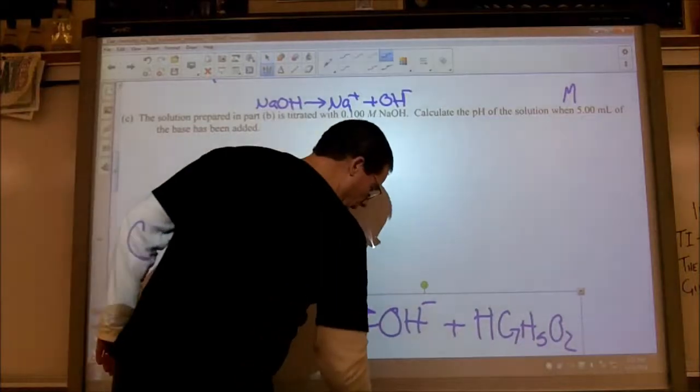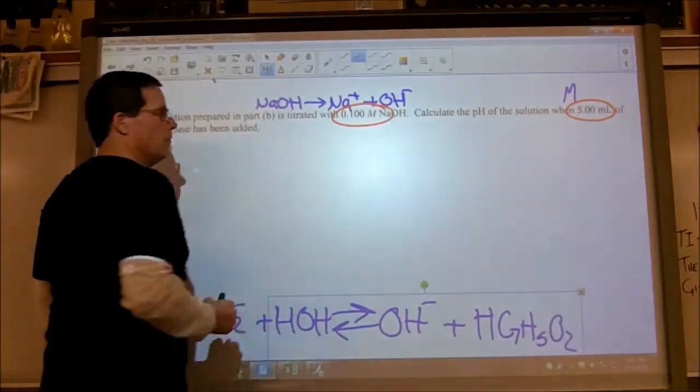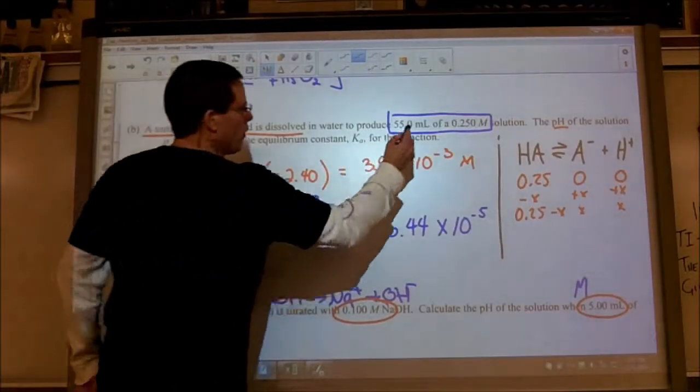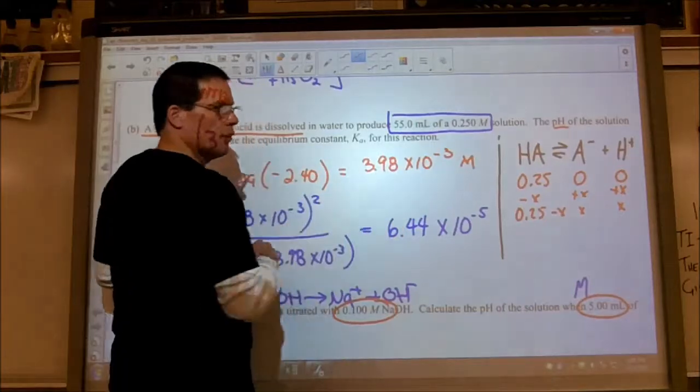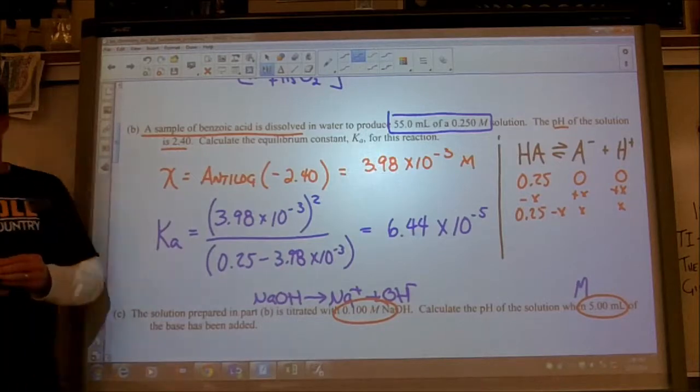Your heads up on that is that we've got a volume and a molarity. We have a volume and a molarity for the strong base, and we have a volume and a molarity for our acid. So we have to find out how many moles we have, because again, we're adding a liquid to a liquid. Let me ask you this.